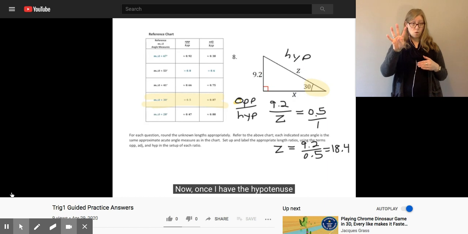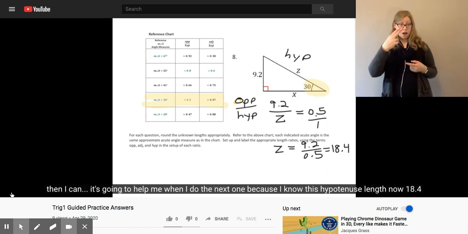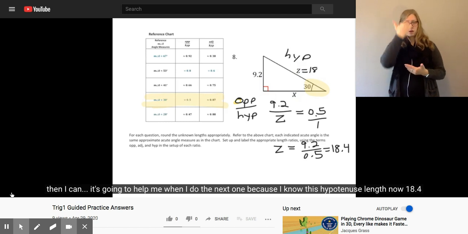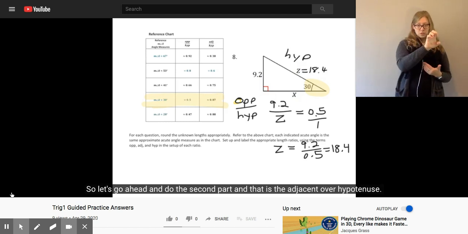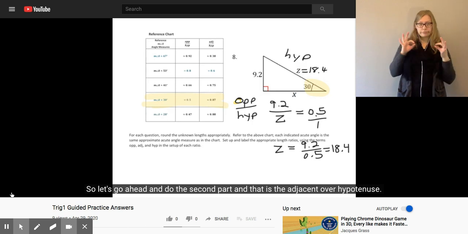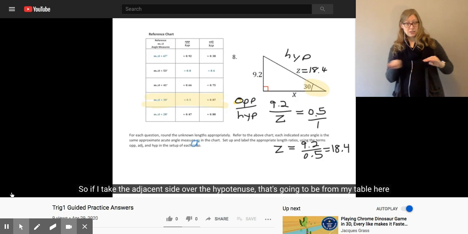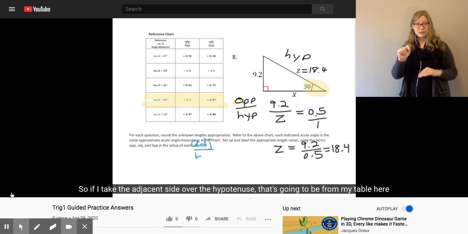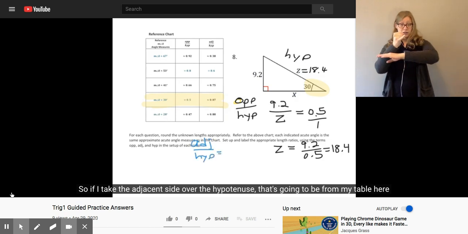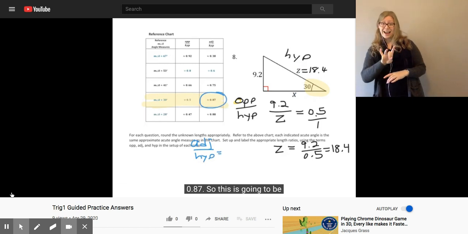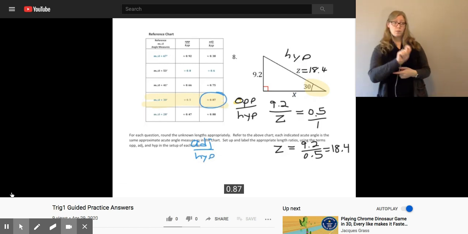Now, once I have the hypotenuse, it's going to help me with the next one, because I know this hypotenuse length now, 18.4. So let's go ahead and do the second part, and that is the adjacent over hypotenuse. If I take the adjacent side over the hypotenuse, for my table here, that's 0.87.